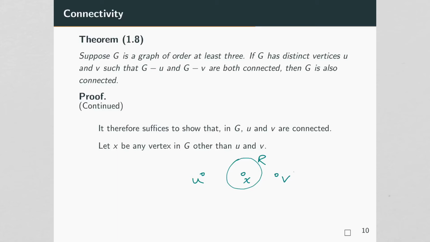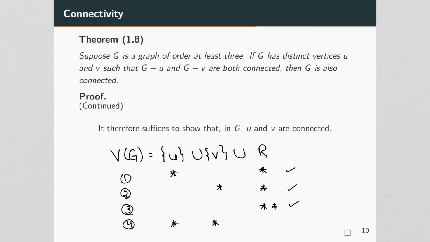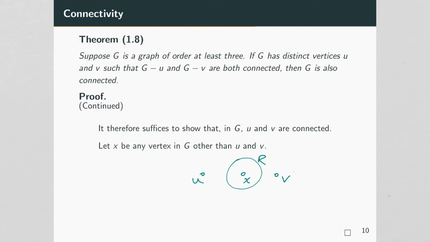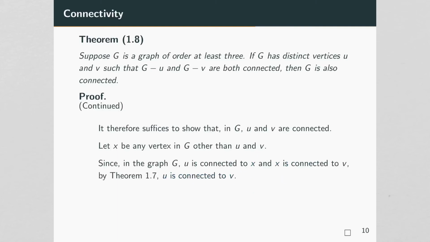U will be connected to X because U is connected to everything in that R set, and X will be connected to V. So somehow we can get from U to X, and then from X to V. By that transitive property that we talked about earlier, we know that U is connected to V.